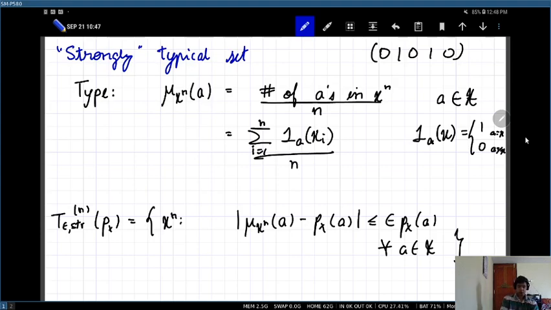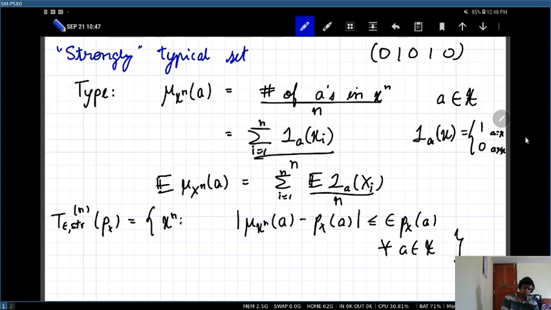And the reason why this is so useful is when you see what the expectation of mu xn of a is. So if you take xn to be a random sequence, then the expectation of mu xn of a for any symbol a is, again by linearity of expectation, the sum for i going from 1 through n of the expectation of the indicator a of xi divided by n.